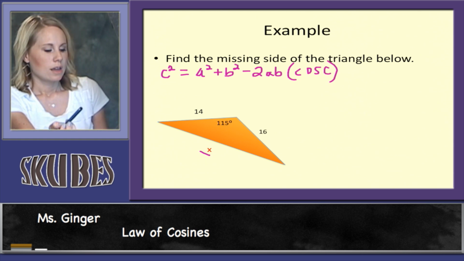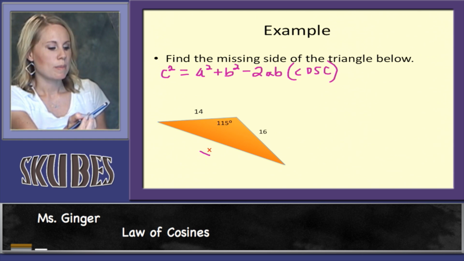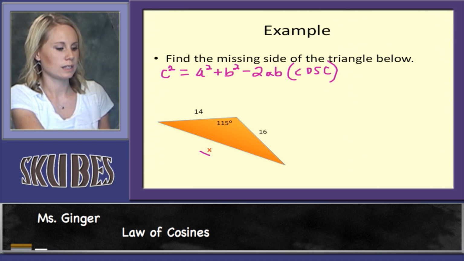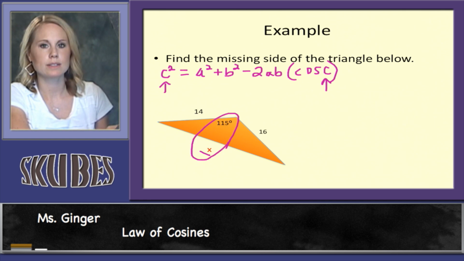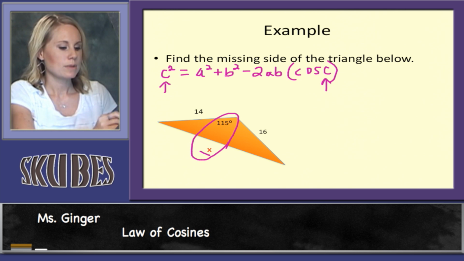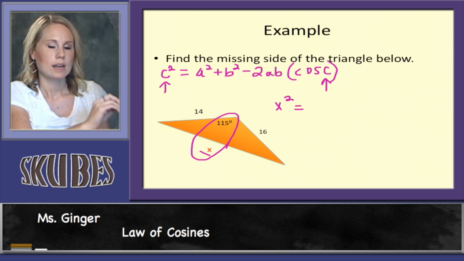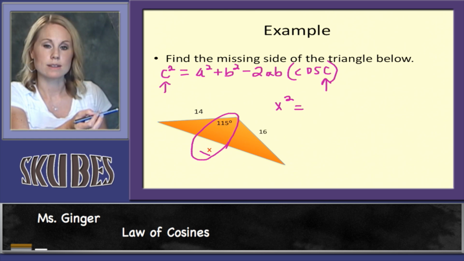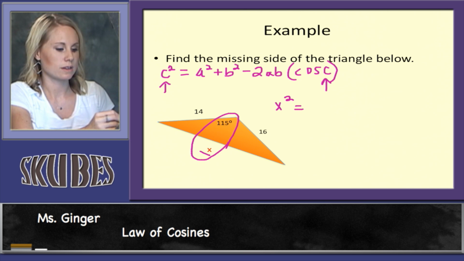Okay, so I don't have an a, b, and c in this triangle, but I'm going to call this little c and uppercase C, these items here, because this is my pair, this is my match, this is the angle and side across from that angle. So I'm going to fill this in, and I'm going to put x out front. So I've got x squared, that's my little c, equals, now my a and my b are my other 2 sides, and I have those labeled 14 and 16.